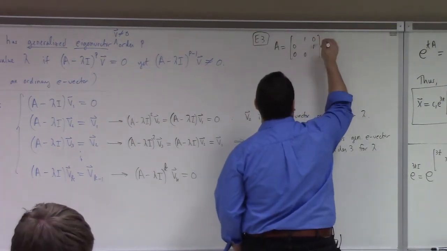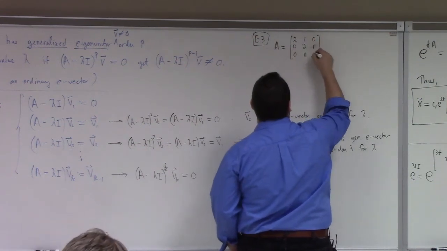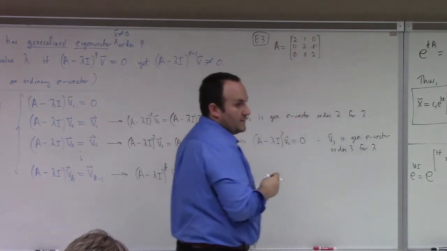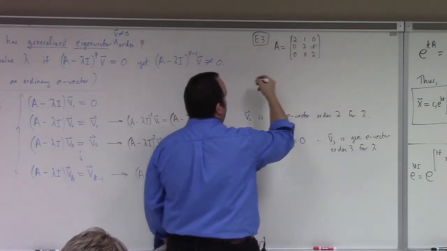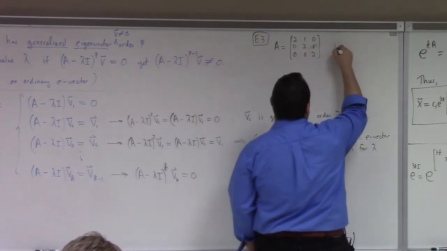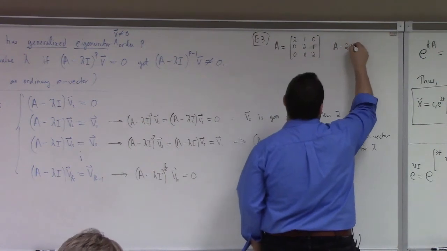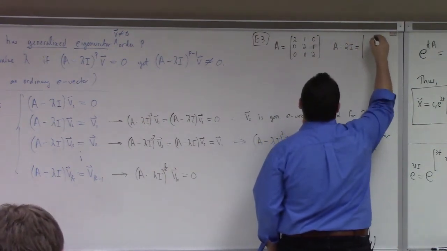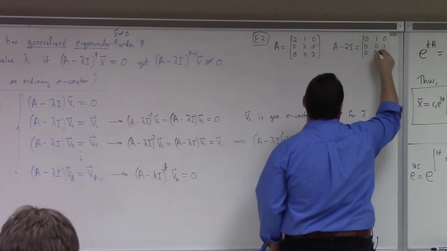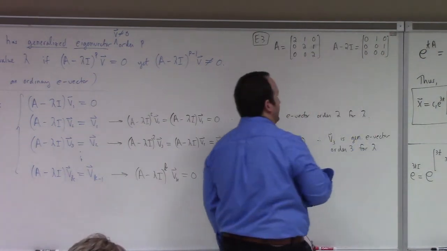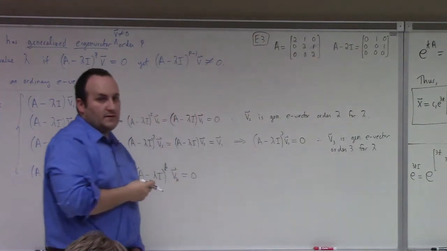Let's put 2s here. There we go. So if you look at A minus 2I, what do we get? Right? So let's try it out.